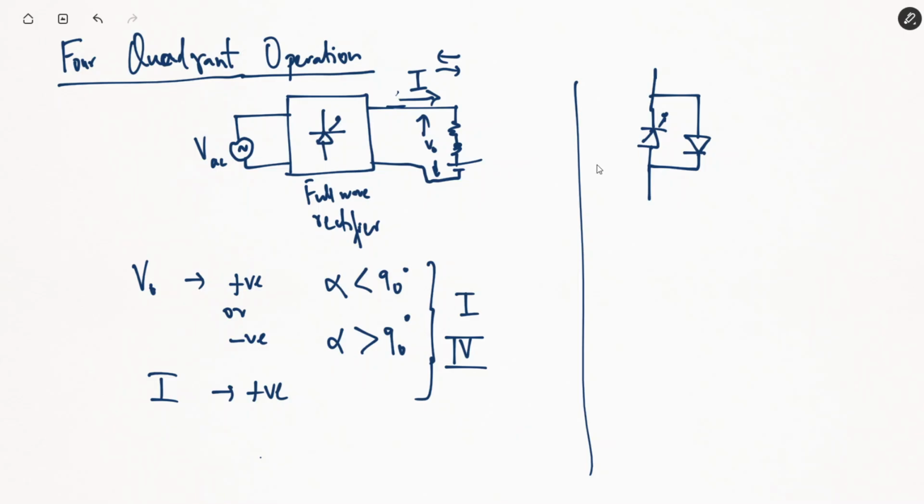But if our EMF voltage E is greater, that is, we somehow make the load voltage greater than the source voltage, in that scenario the diode will be forward biased, the thyristor will be reverse biased, and the diode will allow the current to flow in the reverse direction as well. So by making this arrangement, we can make the rectifier operate for negative currents as well.